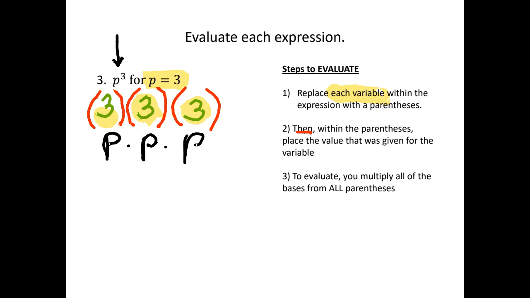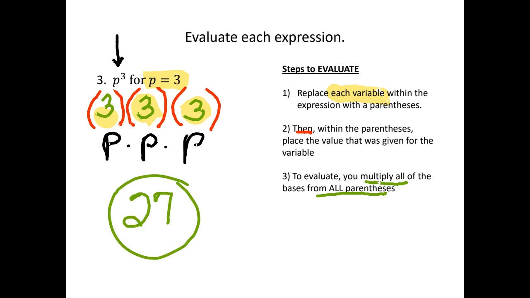Now evaluate. You multiply all of the bases from all of the parentheses, which is 3 times 3 times 3, or 27. Now, some people can actually see I have three P's and know it's 3 times 3 times 3. But you may find out that if you have trouble with this one, write it out.